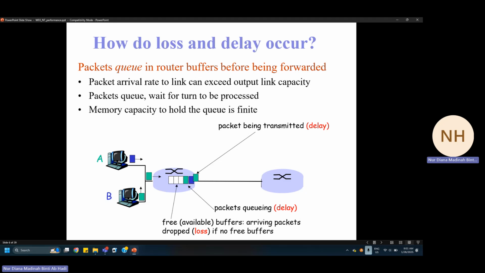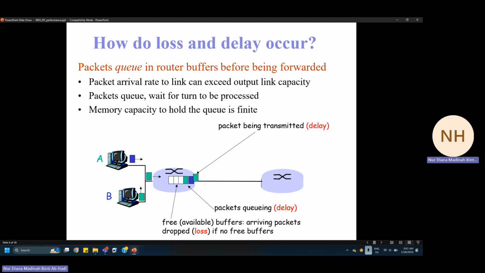You can see that A and B are two different personal desktops. A would send their information, B would send their information. These two will use the same network, so the packets will queue based on their arrival time.